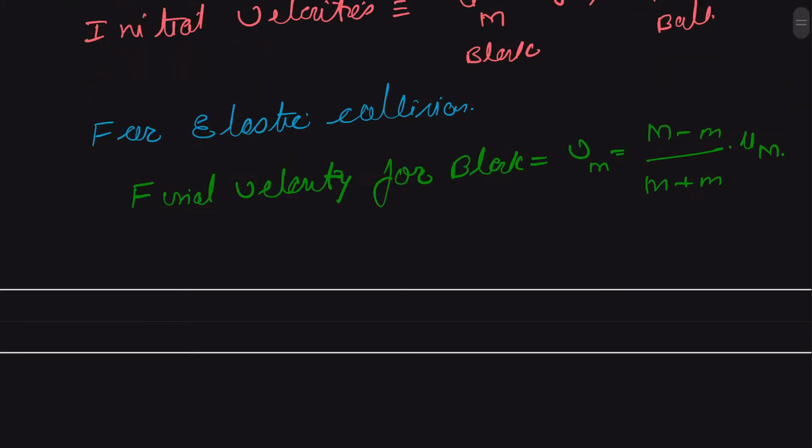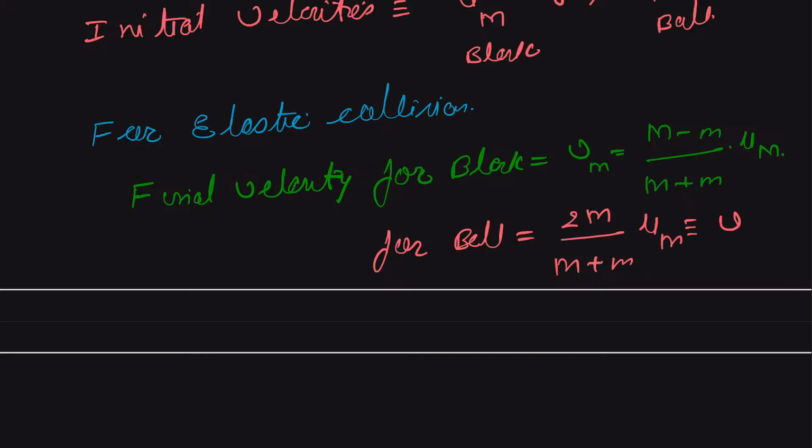And similarly we can write for the ball, that will be 2M divided by (m plus M), multiplied by u of capital M. And for the ball we write this as v of small m.